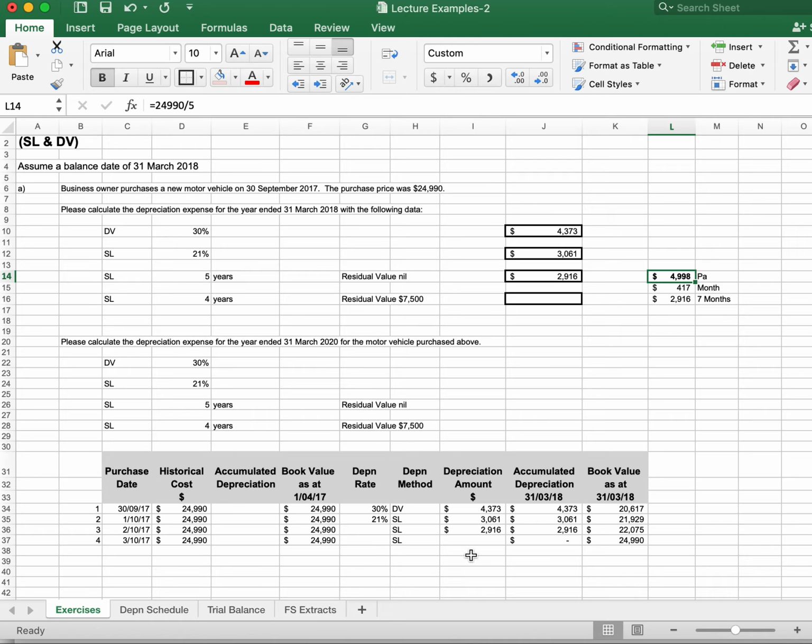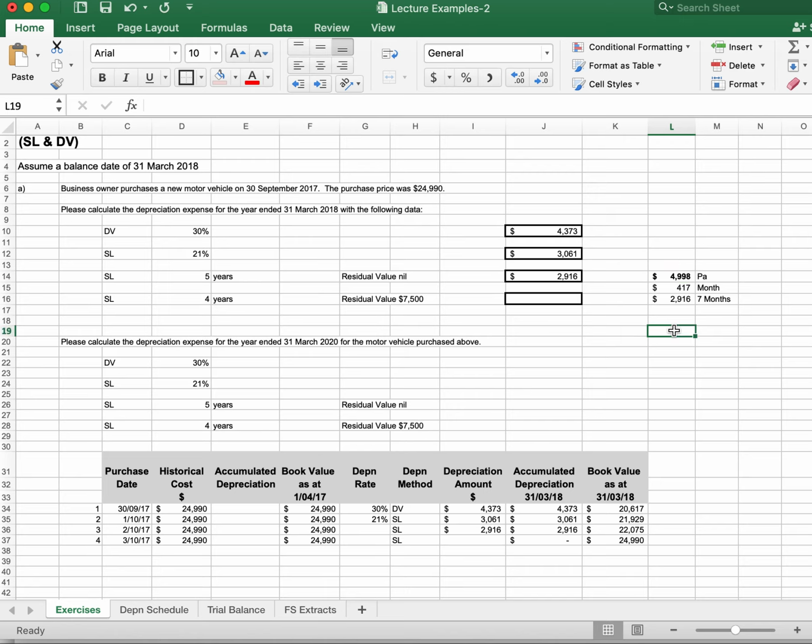The next one, it says it's got a residual value and it's going to last 4 years. So this is relating to this one here. This next one, it says that after, we're still going to have 7,500.